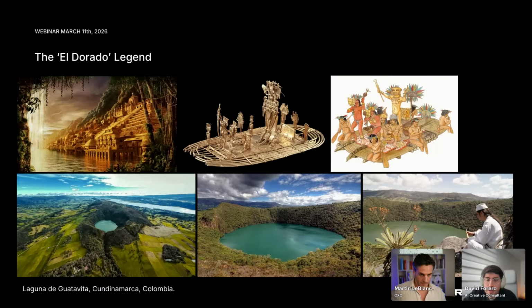But El Dorado was based, as I mentioned before, on a ritual that the Muisca culture held to invest their new king. So they would go basically to this super sacred landscape called Lake Guatavita, and it's like a crater-shaped lake.